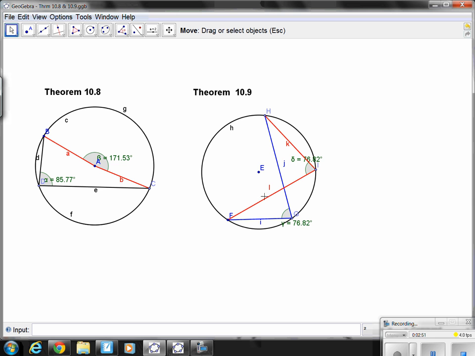So two inscribed angles that intersect the same arc are going to be congruent. And the relationship between that arc measurement and this angle is going to be half the arc measurement. Remember, the arc measurement is the same as the central angle. So if we know the arc out here, you divide it by 2 to get the inscribed angle.